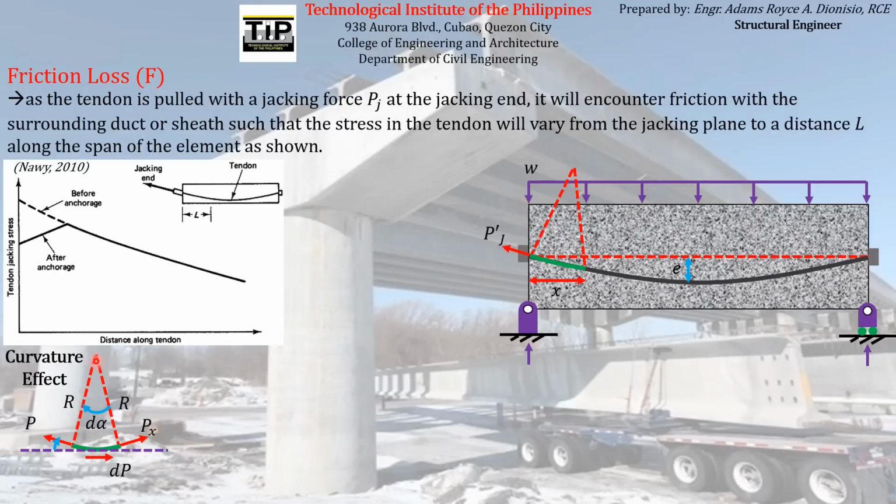If we put a bisecting line here, we can form a right triangle, specifically one which has a right angle located at this particular point on the circle or the circular arc. Using the relationships between the angles of a right triangle, we can find this angle here, the orientation of the force P with respect to this horizontal line. If you compute for that, you can see that the angle is equal to d alpha over 2, as well as this angle here. It also has a magnitude of d alpha over 2.